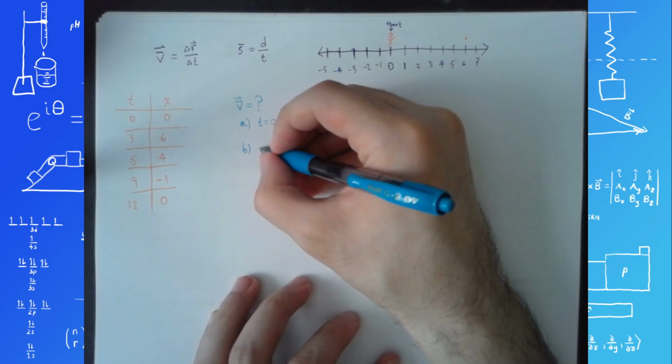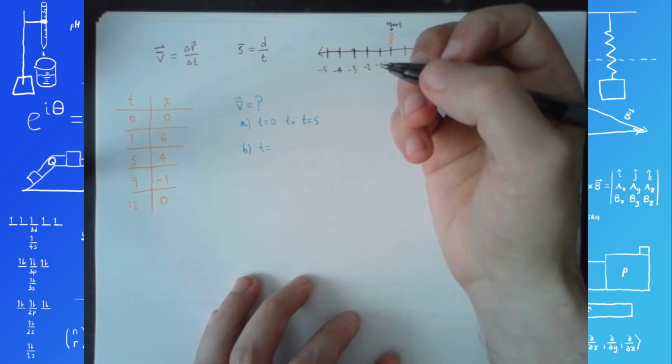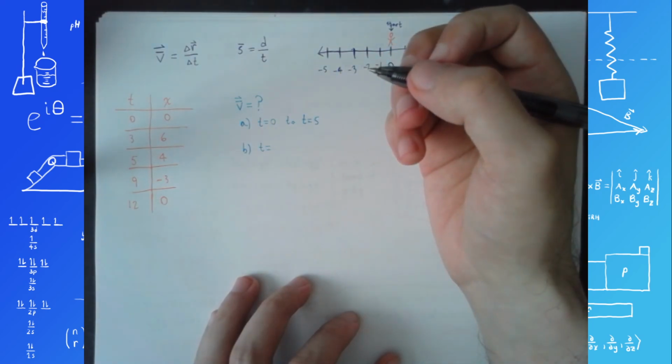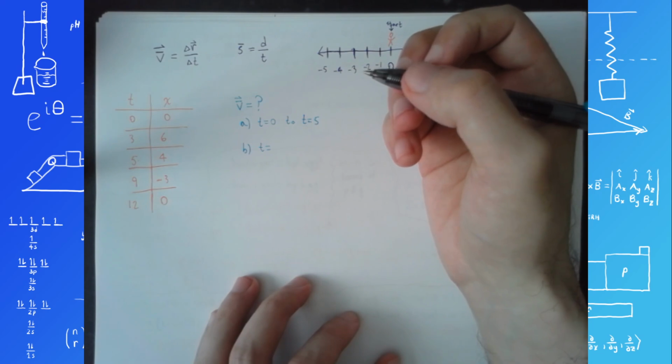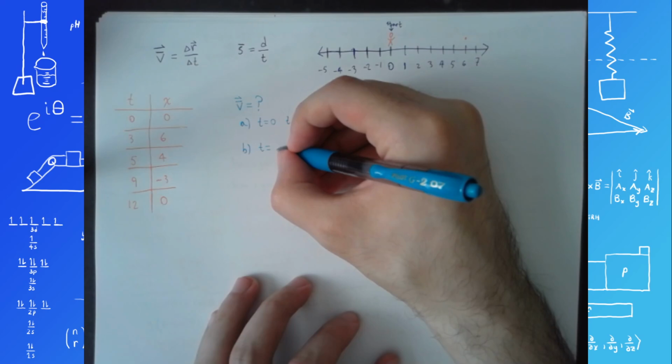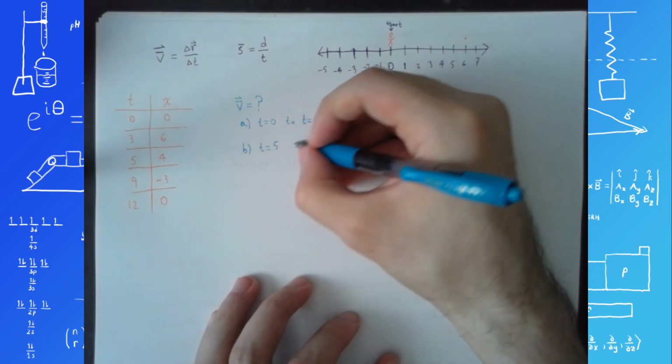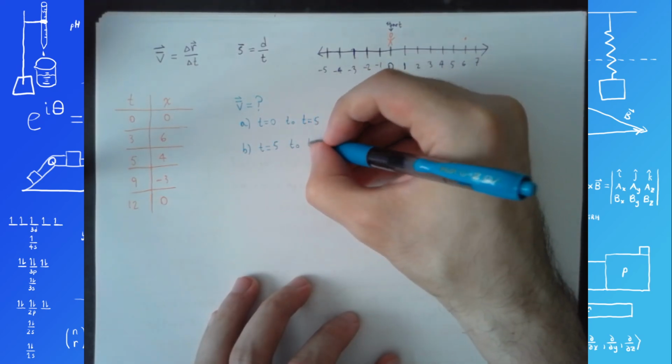And then part B from t equals 5 to t equals 9.